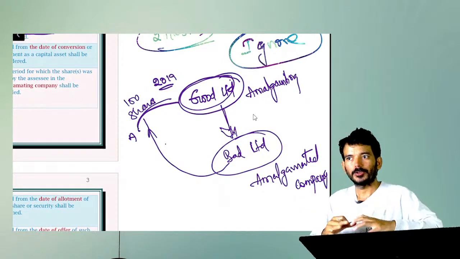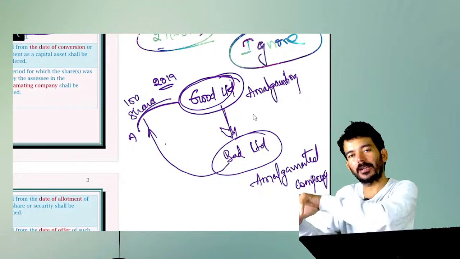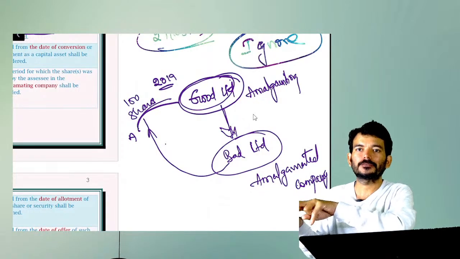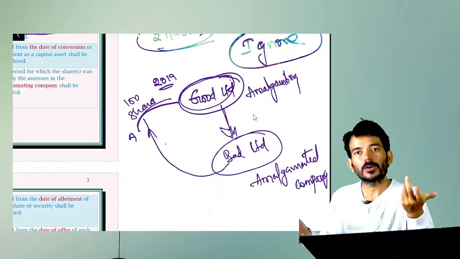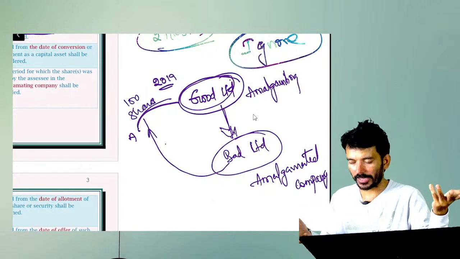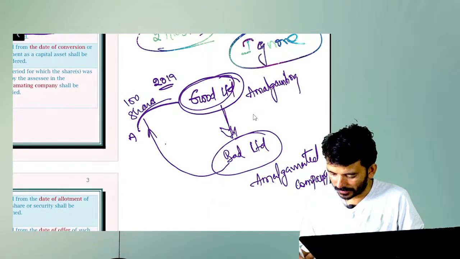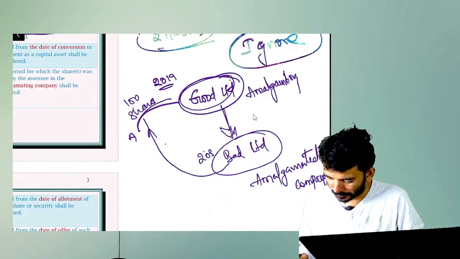So as a shareholder you are receiving shares in the amalgamated company in lieu of the shares that you held in the amalgamating company. Okay, so because of that, this is 2023, right?